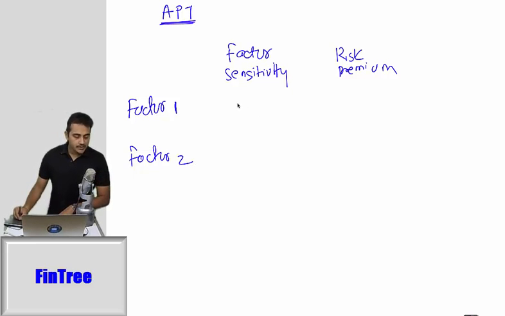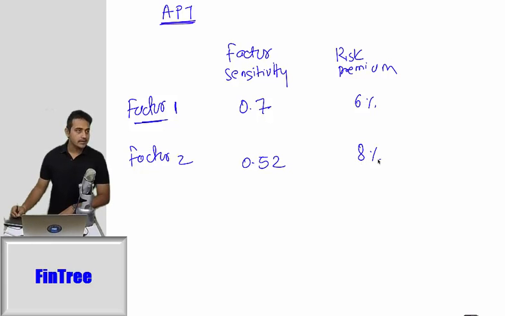Let us say sensitivity is defined as 0.7 and 0.52. The risk premium for this factor is given to us as 6%, and the risk premium for the other factor is given to us as 8%. On top of that, we are also provided with an RFR of, let us say, 4%.